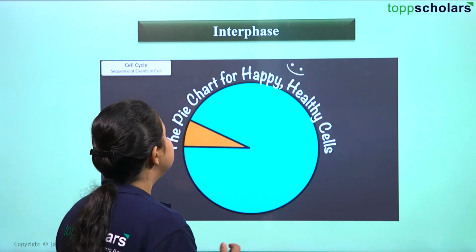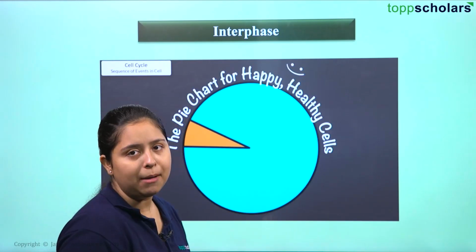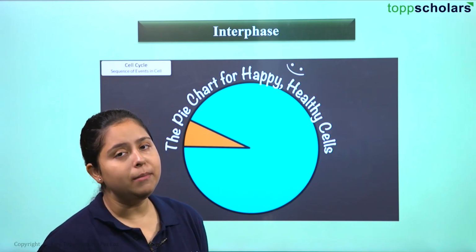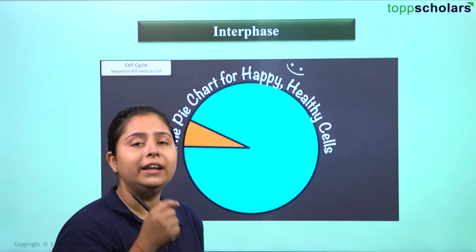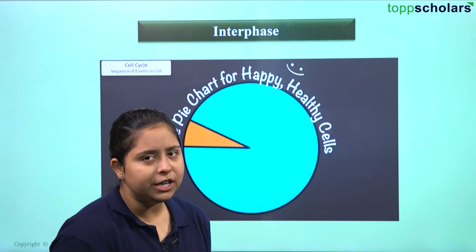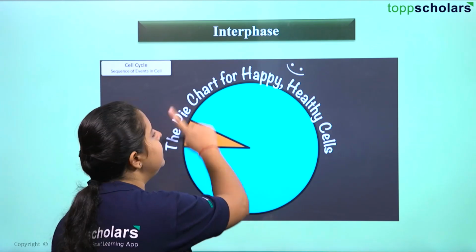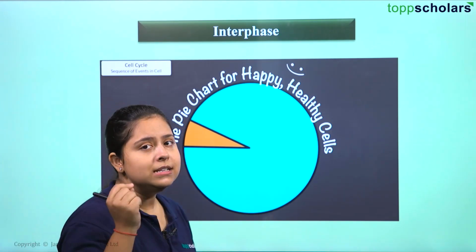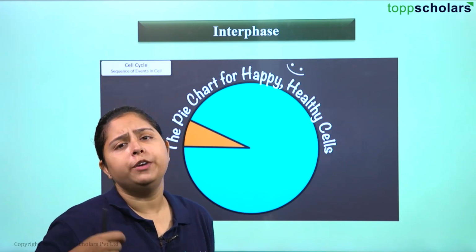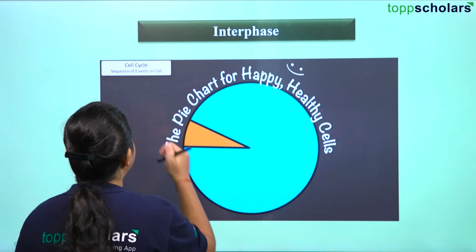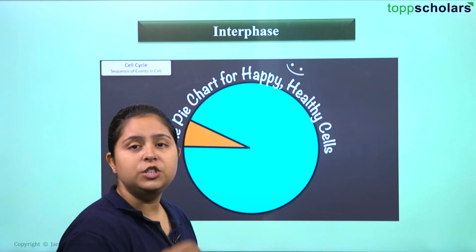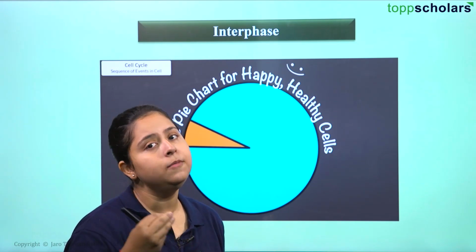Here this is the pie chart for happy and healthy cells. Remember, healthy cells which are in control, which are in regulation, will undergo the cyclical events which are present in the cell cycle. So for defining a cell cycle, you can say that it is a sequence of events which are undergone in a healthy cell.